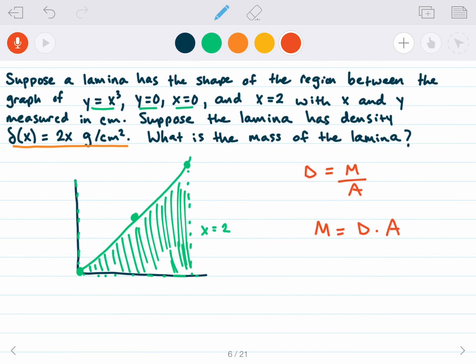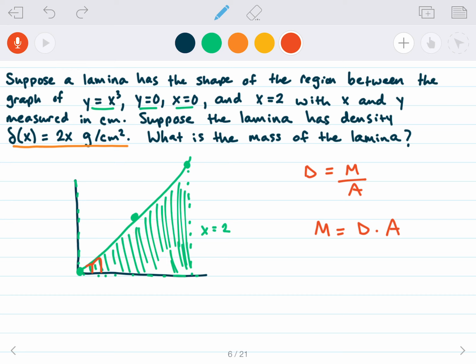The area of this region, we've done that plenty of times before, finding the area under curves. It's just the sum of these little rectangles, all the way from our starting x value to our ending x value. That's what the area is.